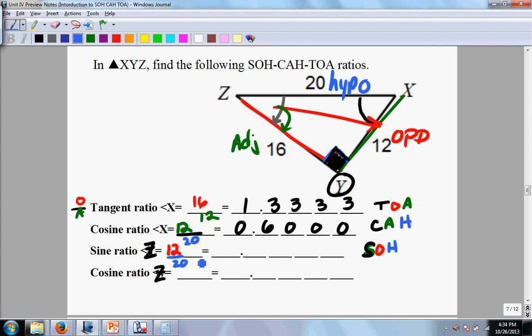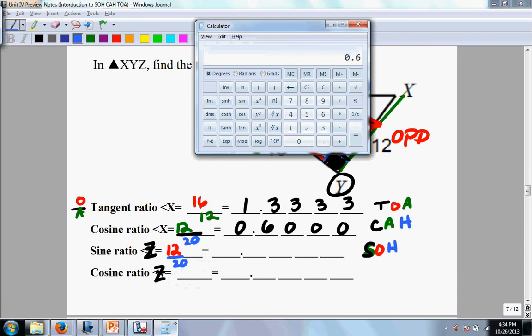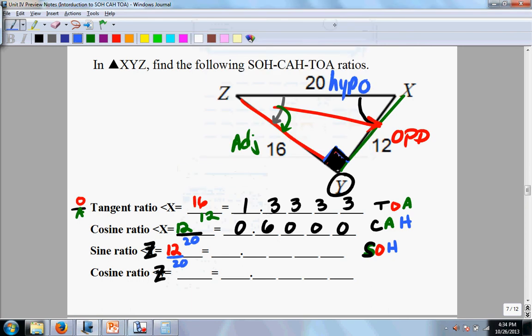So I do 12 divided by 20, and you get 0.6. Notice the cosine of angle X and the sine of angle Z are the same thing.